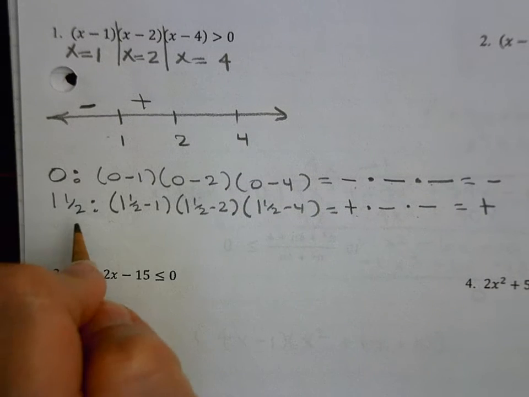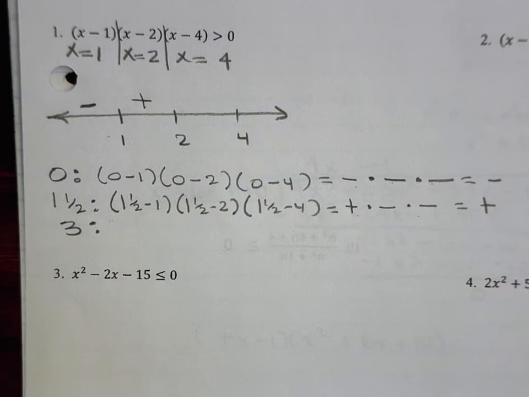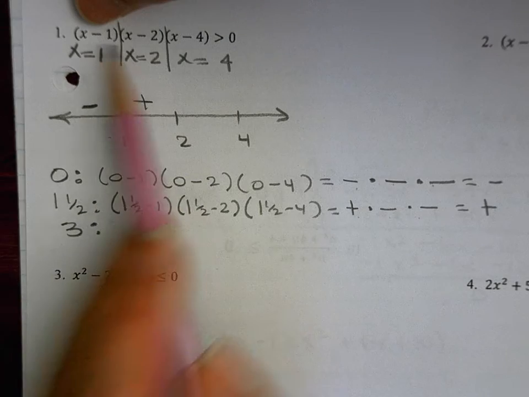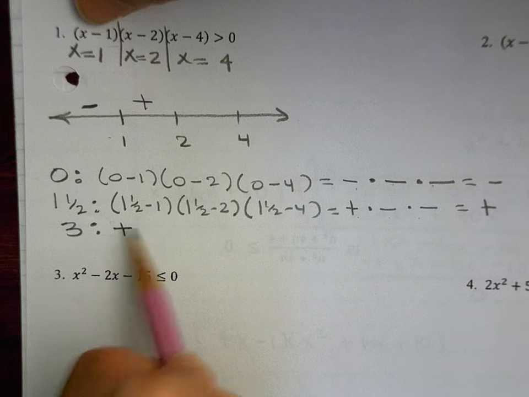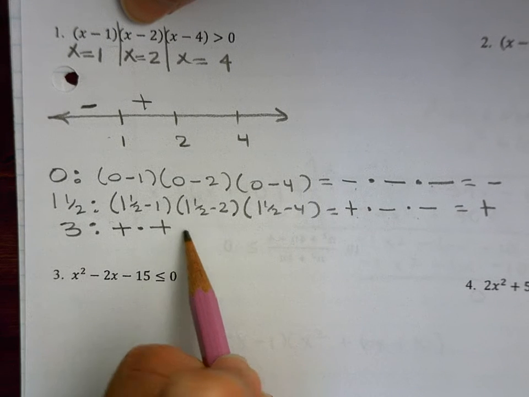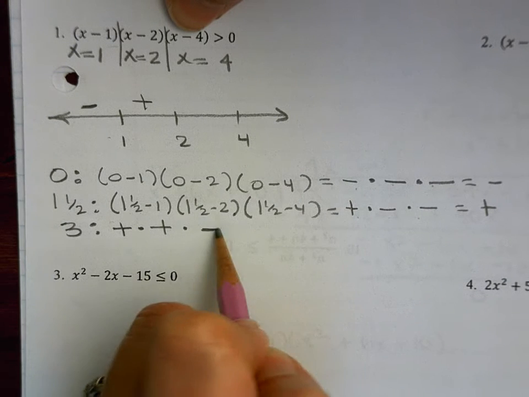Now I'm going to pick a number between 2 and 4, so let's say 3. I'm not going to substitute it in, I'm just going to do it in my head. 3 minus 1 is 2, so that's positive. 3 minus 2 is 1, so that's positive. And then 3 minus 4 is negative 1, so negative.